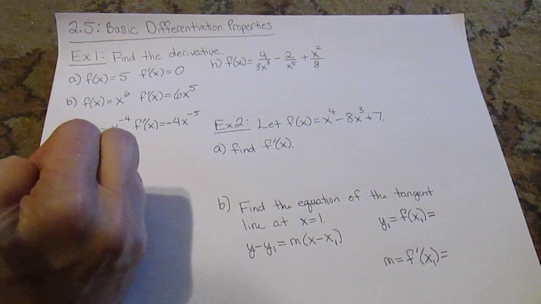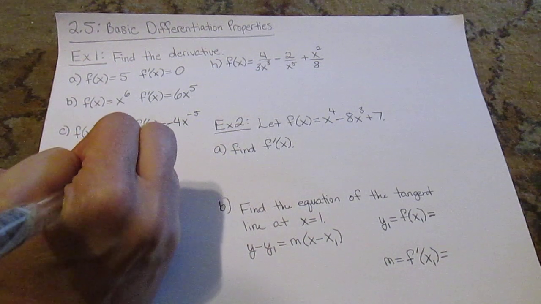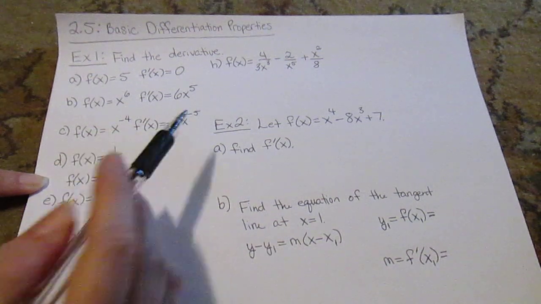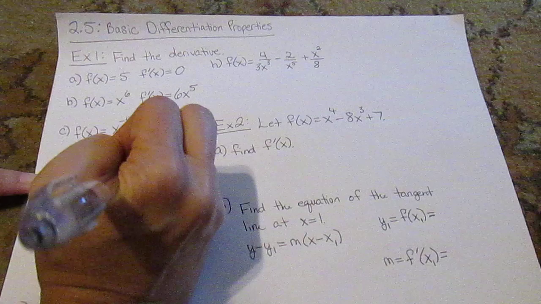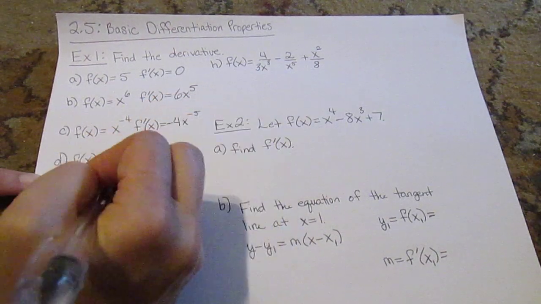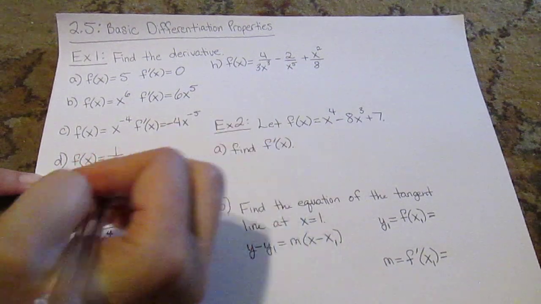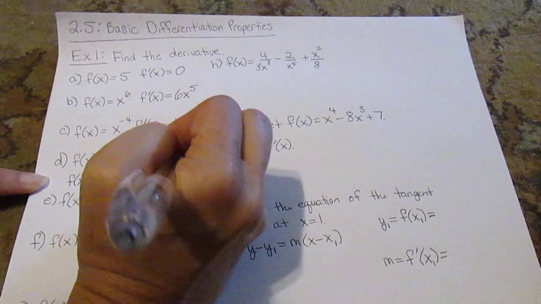So I'm going to rewrite my f of x first. It's x to the negative 6. And now I can use my power rule again. It's just like part C. So f prime of x equals, bring the negative 6 down in front, x to the negative 6 minus 1, which is negative 7.